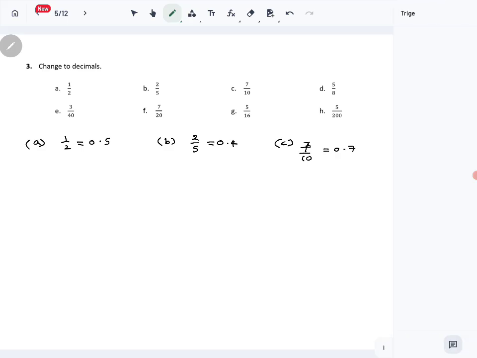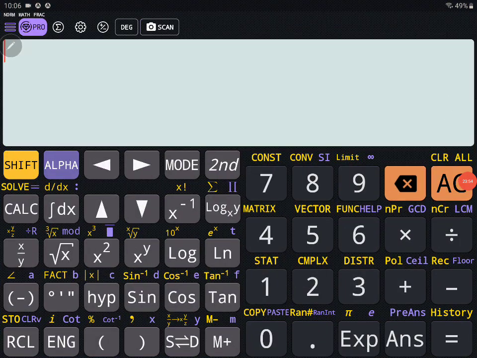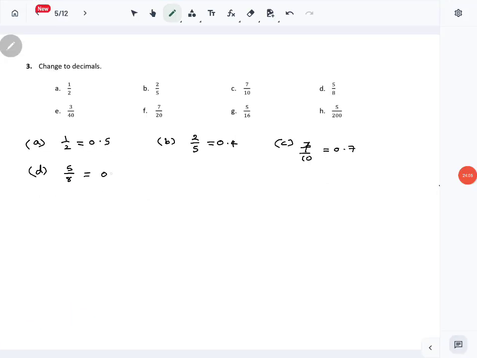Right. So similarly, using the calculator, get the rest of the answers. 5/8, which is going to be what? Let's see. Or you can use long division also. No need to do that because we can use the calculator. So 0.625. 0.625.